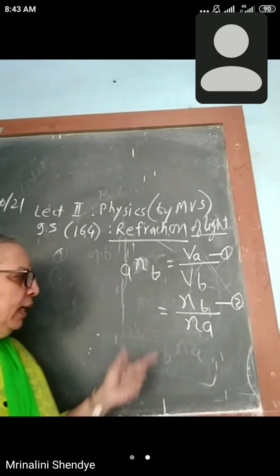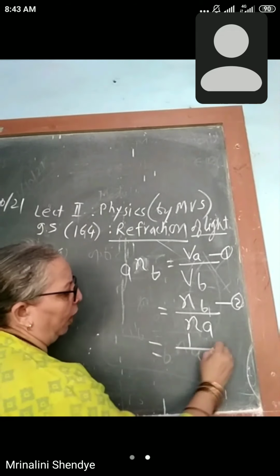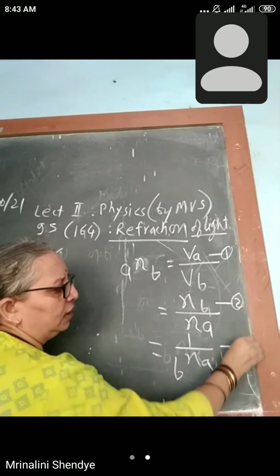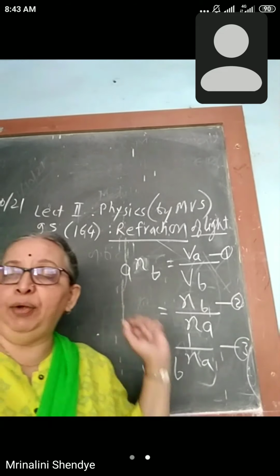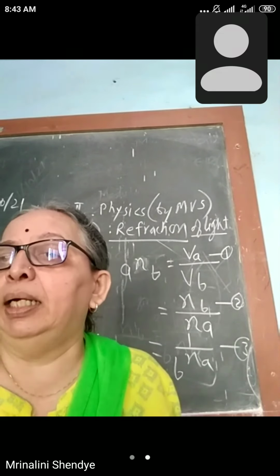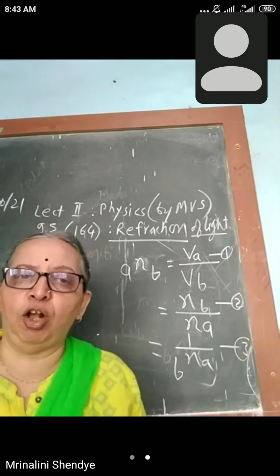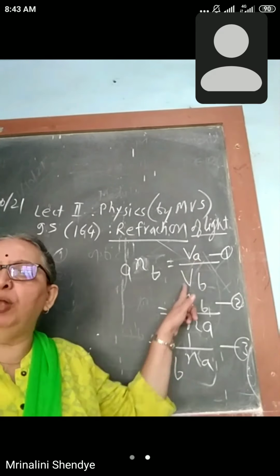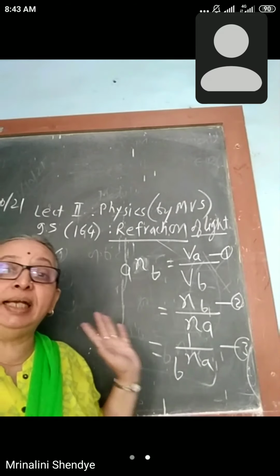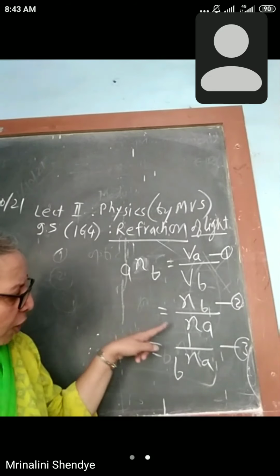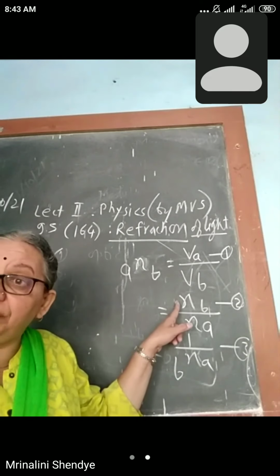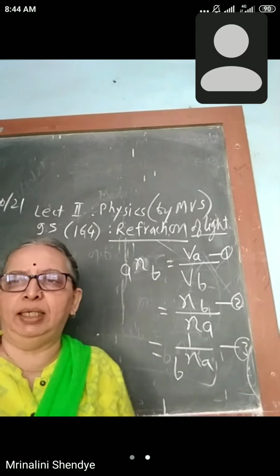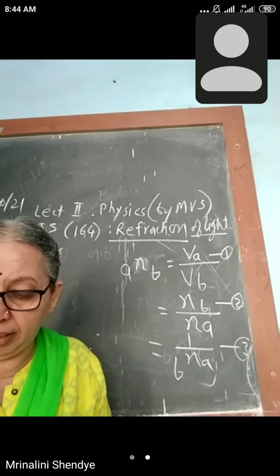So we can also write it as 1 upon n of A with respect to B. So this is the third formula for relative refractive index. V means velocity: velocity of light in the first medium upon velocity of light in the second medium, which equals the absolute refractive index of the second medium upon the absolute refractive index of the first medium.